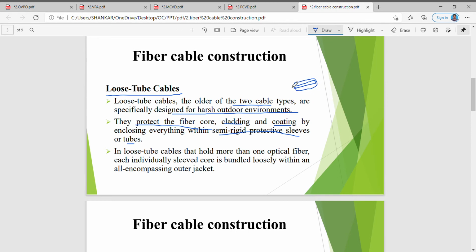Now assuming there is a coating here, all these three are protected from the outdoor environments by enclosing the entire thing with sleeves or tubes. This sleeve or tube encloses the core, cladding and coating.